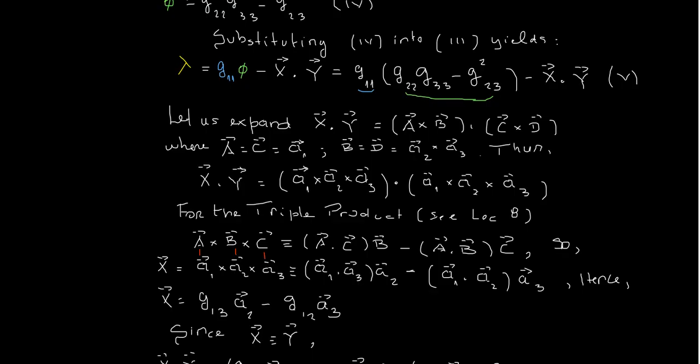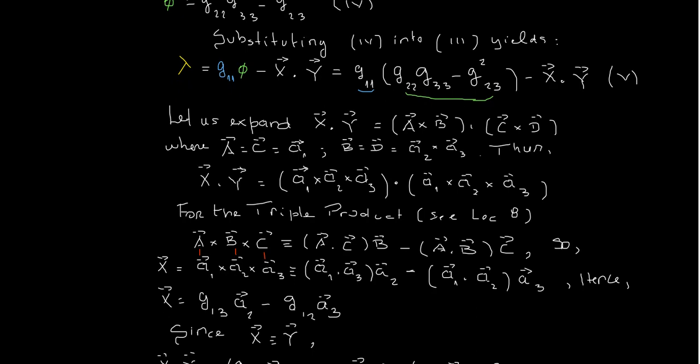In lecture 8, A cross B cross C is identical to A dot C times B minus A dot B times C. Attention now. X dot Y is a scalar quantity, and lambda is a scalar quantity.